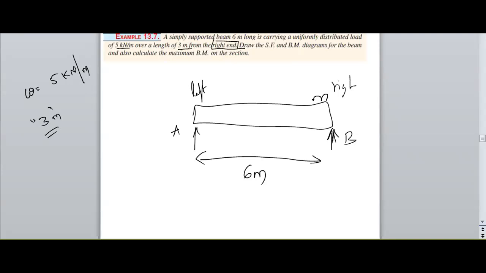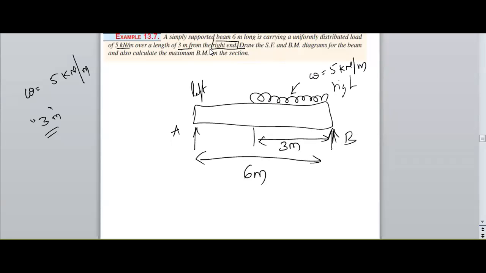The UDL needs to begin from the right end and extend up to 3 meters, and its magnitude is 5 kilonewton per meter.